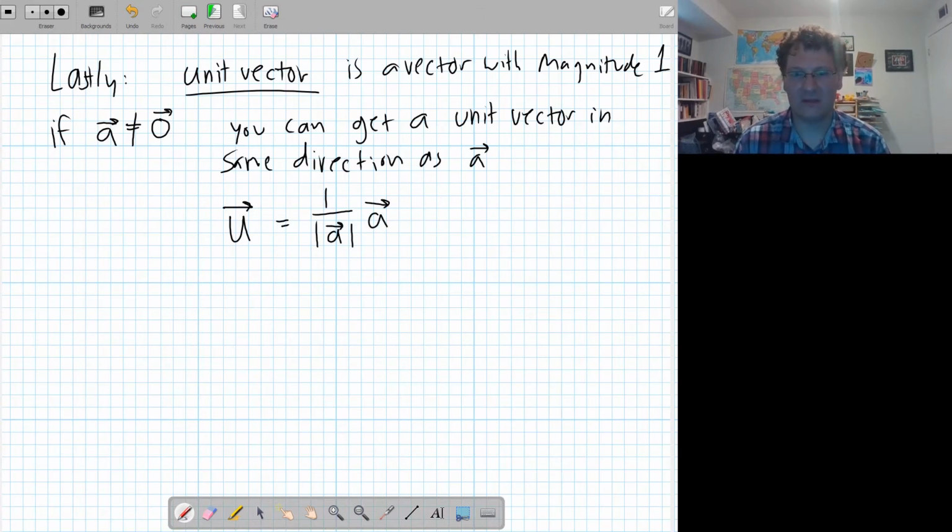This is how you would essentially scale the vector so that its magnitude is now 1.